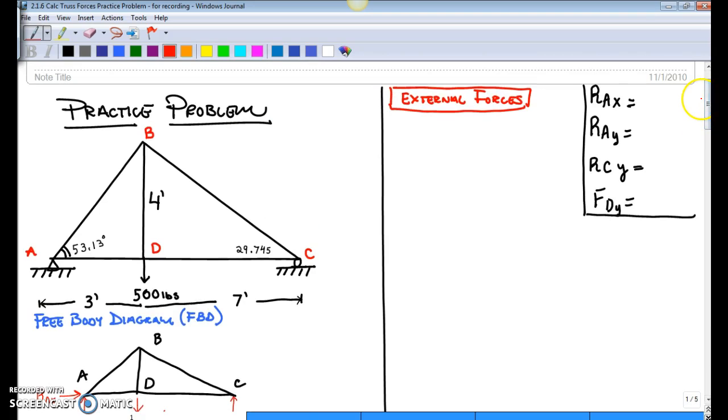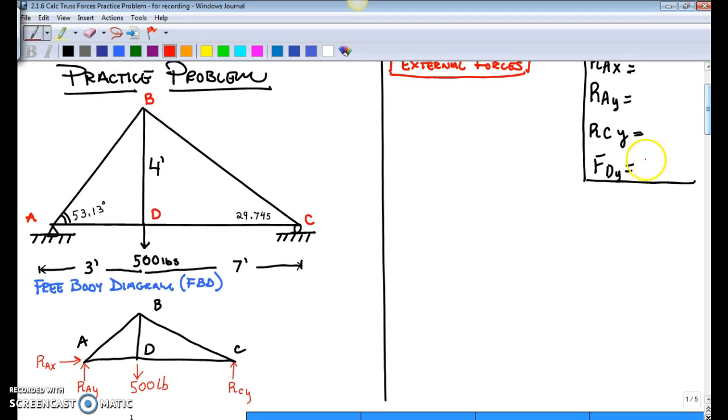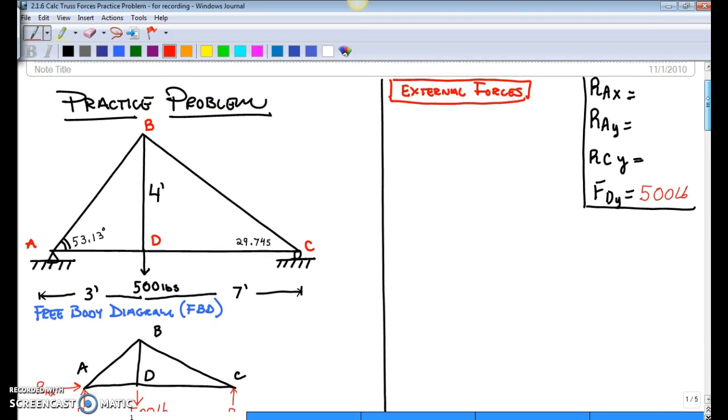So I have my reaction force at A, both in the X and Y direction, and the reaction force at C in the Y direction. And then the last thing I do is put in my known 500 pounds. The 500 was already given in the problem statement, so I can fill these in as I go. And then we are ready to actually solve the external forces.